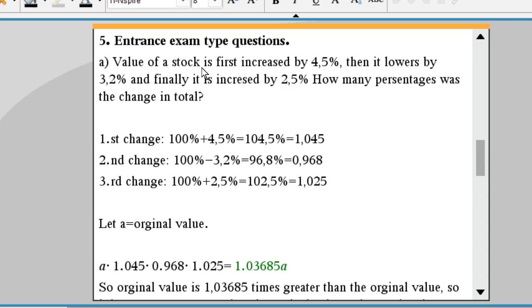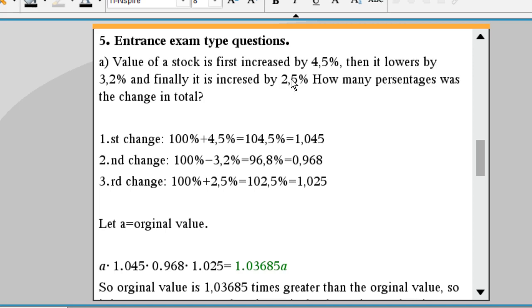So here, the value of a stock is first increased 4.5%, then it's lowered by 3.2%, and finally it's increased by 2.5%. And now the question is, how many percent was the change in total?